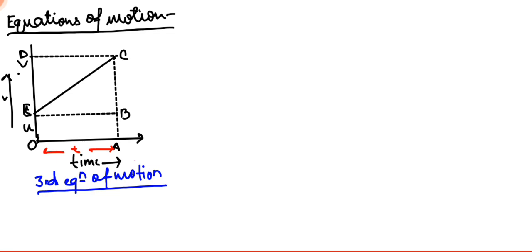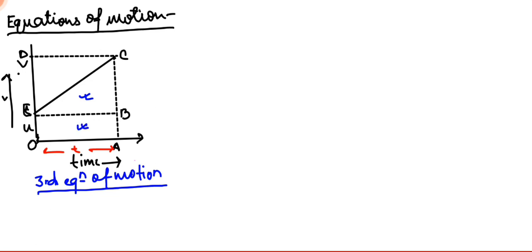There is also an S term, that is the term of distance. In the second equation also, we found the area of the graph so formed, and in the third equation of motion also, we will be finding the area. But in the second equation, we found it as the area of triangle plus area of rectangle.